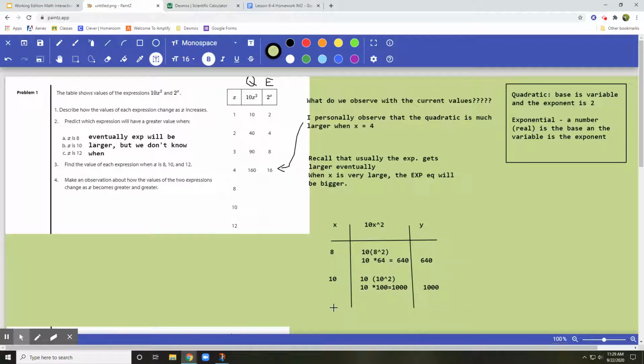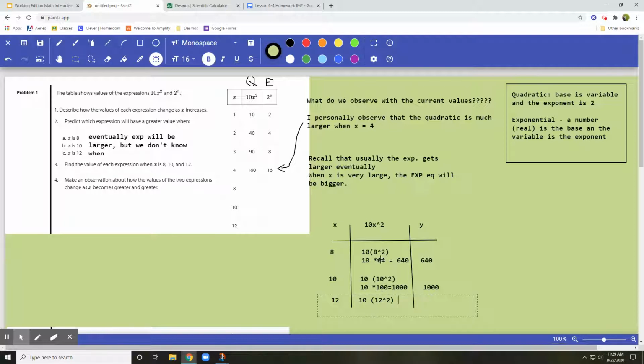And then let's go ahead and do 12. So we have 12. We're going to have 10 times 12 squared. This 10 in front, this 10 is called, I'm pausing, it's called the coefficient. That's right. The coefficient is the 10.